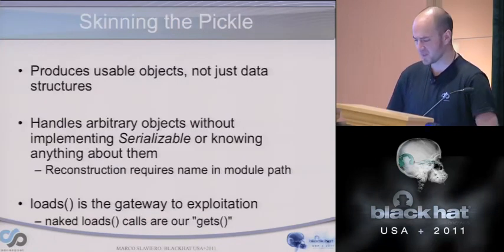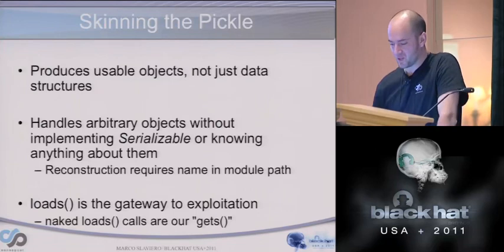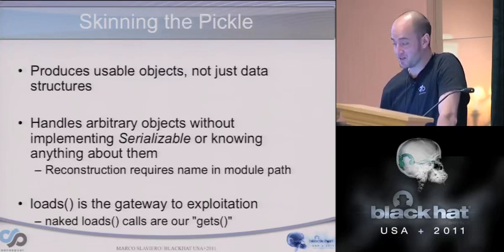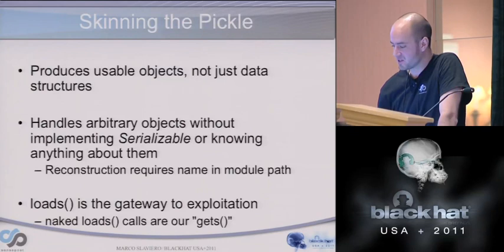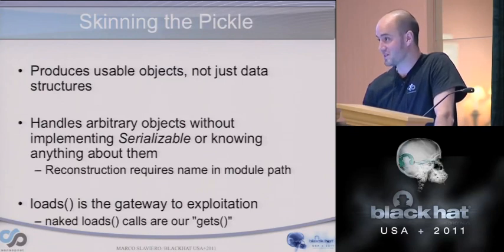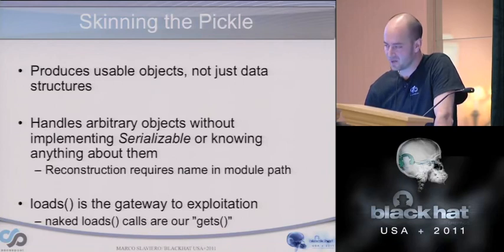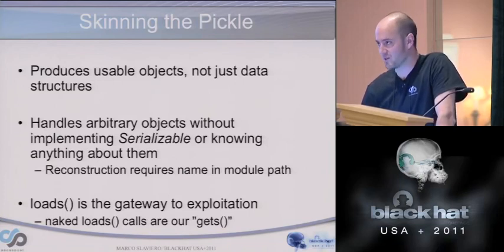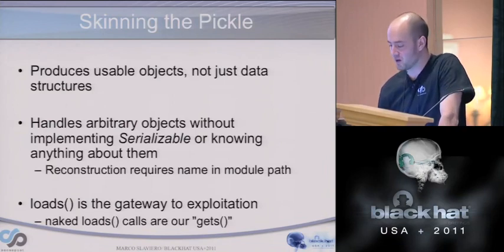So if we start to peel back the layers a bit, one of the reasons why one uses Pickle or relies on Pickle is because it's not just about carrying data structures. At the end of the day, you get usable objects, living objects. And Python is quite smart in this way because it is able to handle arbitrary objects. You can serialize any object, well, not any object. If you're a developer, you'll know that that statement's not true. But you can serialize objects that the pickling module knows nothing about.